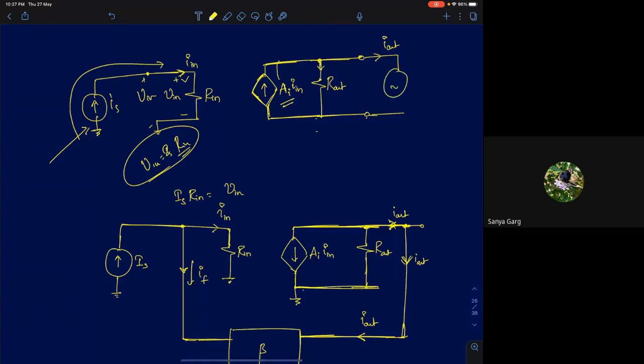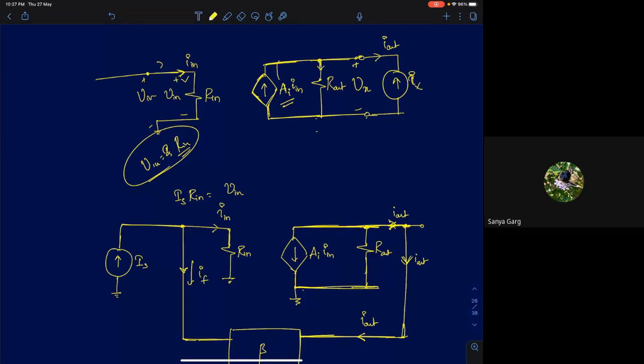At the output terminal, if I want to find the output resistance, we apply the same procedure. In this case, I can apply a current source Ix and then measure the voltage Vx developed across the output terminal. When I'm doing this, I'm going to make Is 0, as if it's an open circuit.